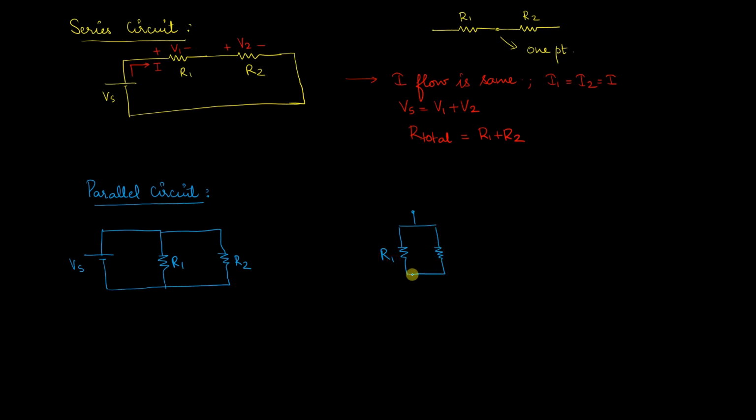Okay, so we have resistance R1 and R2 connected at both the points. That is shown here. This would be the first point of connection. Another point is this point. They are connected end to end and have common points. Two common points are present. So that is when we say it is in parallel. Now in a parallel circuit, we have the voltage drops across the parallel circuit to be the same.